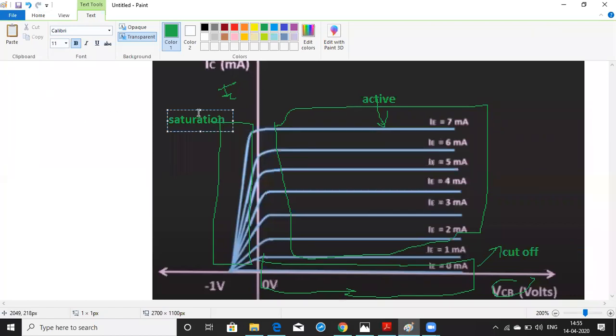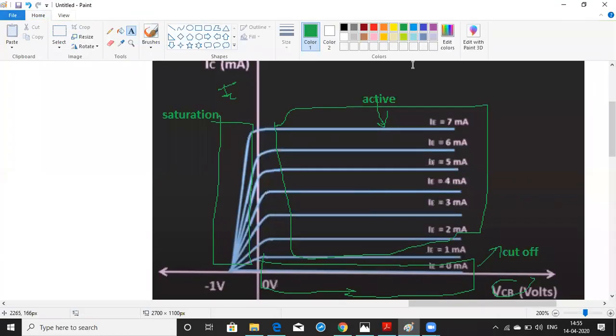So these are the three regions covered in this output characteristics. Clear? So we'll try to discuss these three regions.